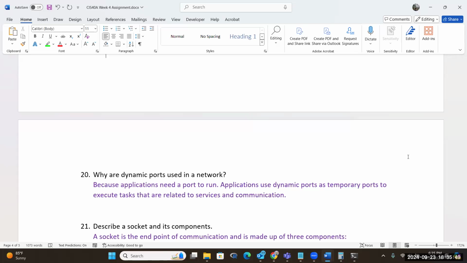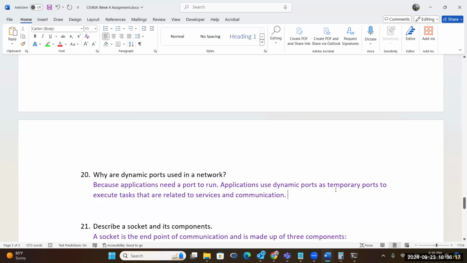So applications that you see a lot of the time use services that require ports. And in dynamic ports, this is used for applications to run services, okay? So an application would use dynamic ports as temporary ports to execute tasks that relate to services like encryption, right?